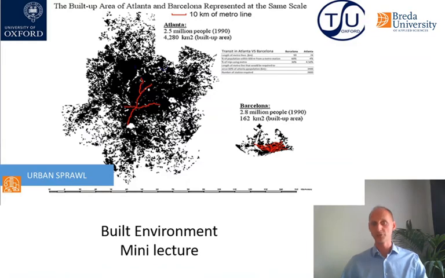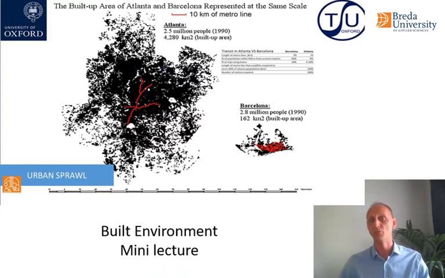In this picture you see the map of the built-up area of Atlanta, more to the left, and then more to the right you see the same built-up area, but then in Barcelona in Spain. As you can also see, back in 1990 there were about an equal amount of people living in both cities.